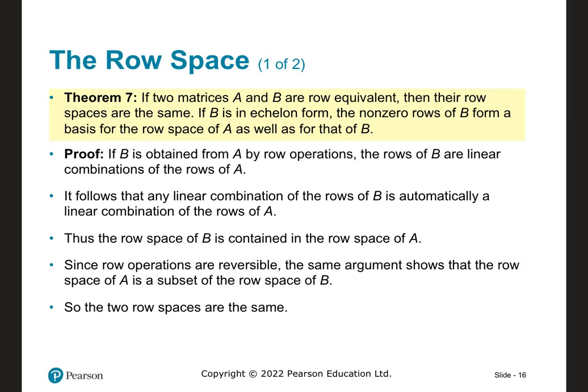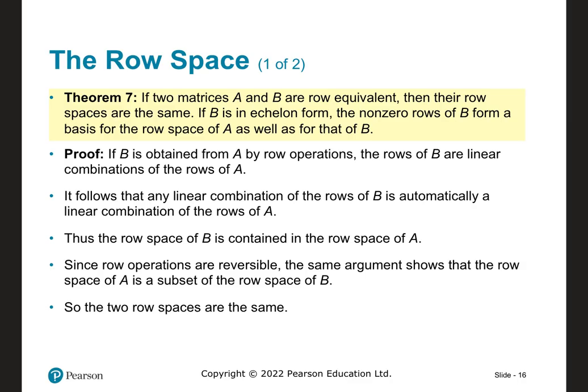Okay. But that is trivial, right? I mean, first of all, if B is an echelon form of A, so that they are row equivalent, then all these row operations are reversible. If B can be obtained from A by performing certain row operations, right, then A can be obtained from B by performing another sequence of row operations.